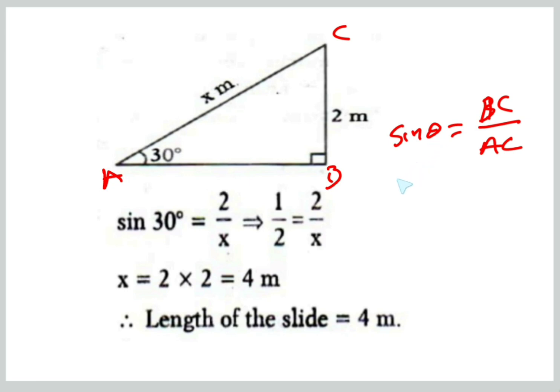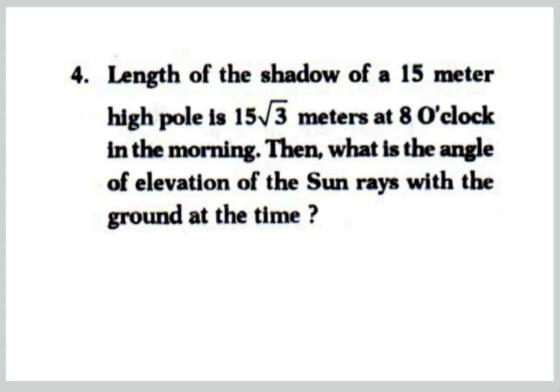Theta is 30 degrees. So sin 30 is equal to BC, that is 2, by AC, that is x. And we know that sin 30 is 1 by 2, equal to 2 by x. Then cross multiplying, x equal to 4 meters. The length of the slide is 4 meters.